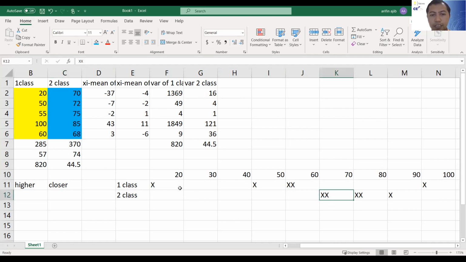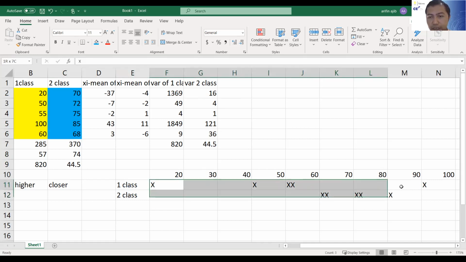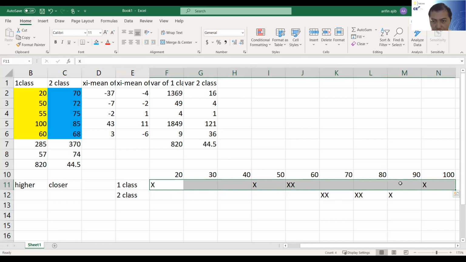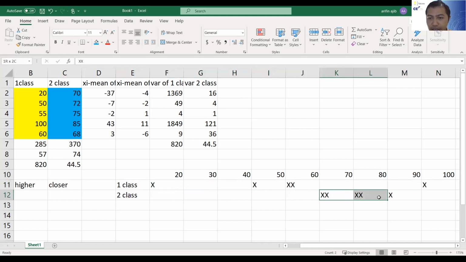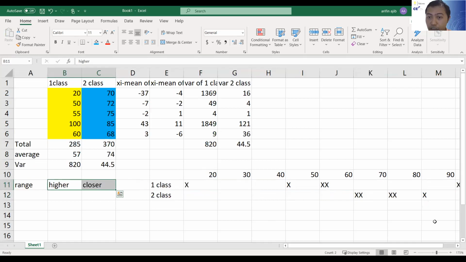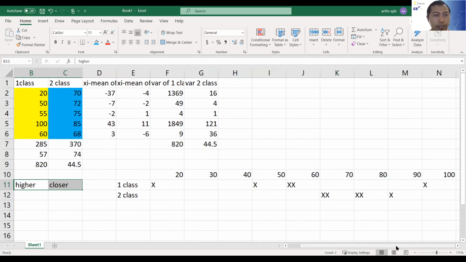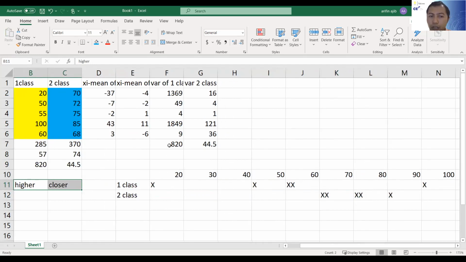You can see here the distribution of the data for the first class is spread with a wide spectrum, wide range. But for the second class, you can see the data from 70 until 90. In terms of range, class 2 is closer.